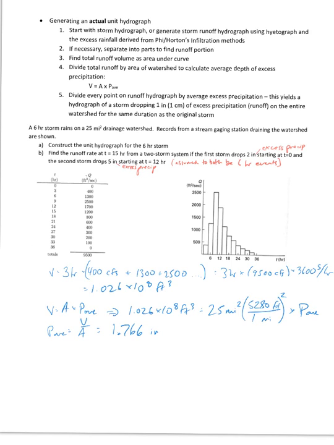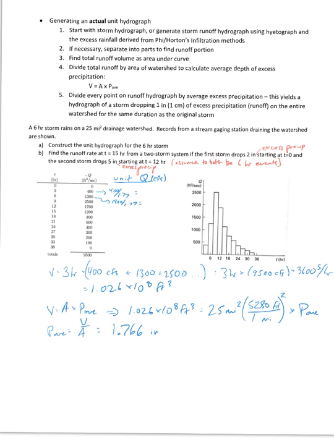I'm going to go up to this table here, and ask what is my unit Q in CFS. I'm going to divide each of these. This 400, I would divide by 1.77. This is going to be 1300 divided by 1.77. And I'll get some results, which are going to be my new Q's.